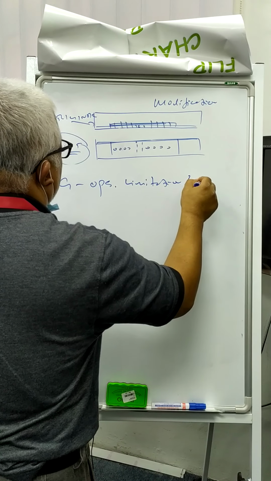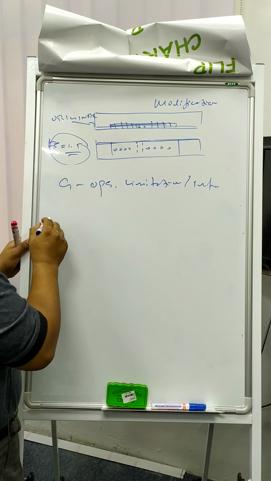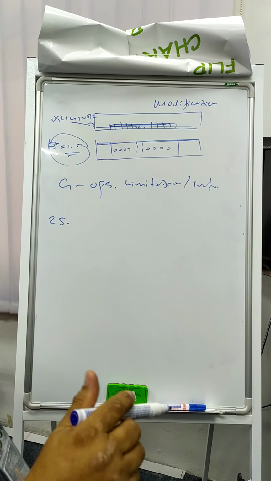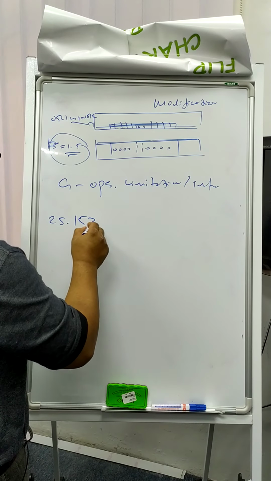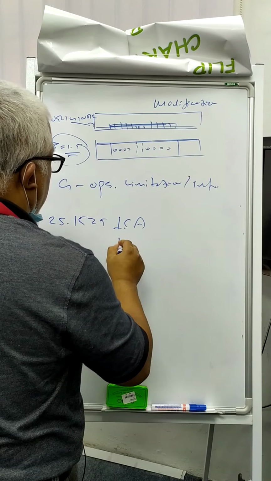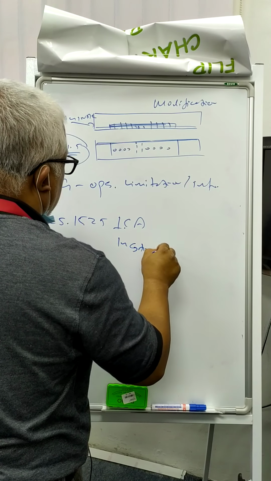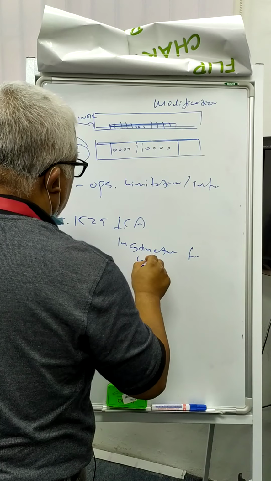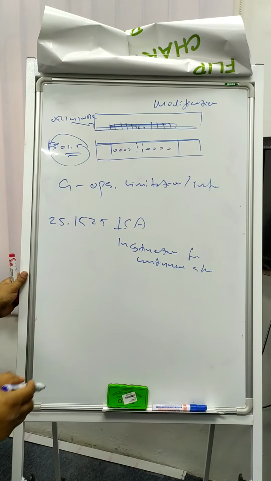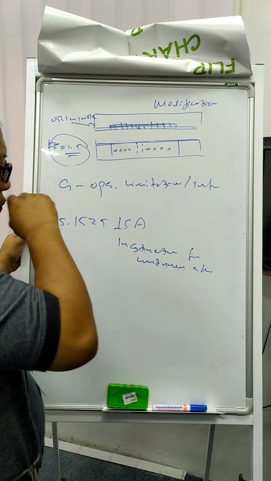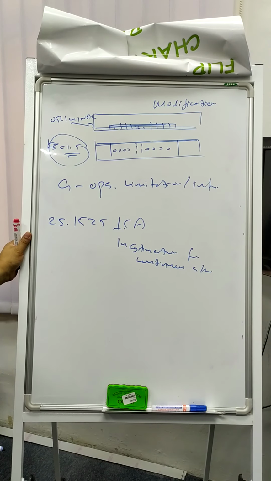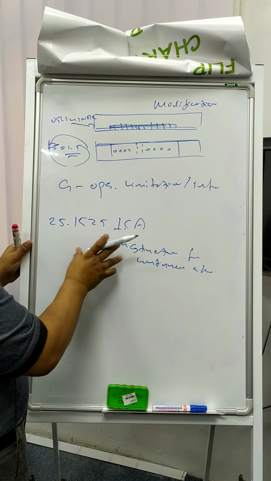For this repair, we refer to 1525, instructions for continued airworthiness. So you must have a manual, you must have some information on how to make sure this repair continues to be airworthy. So it must be like a maintenance manual aspect of it.